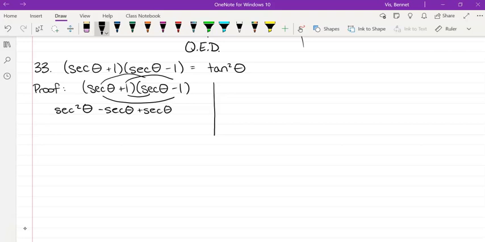Those terms are going to cancel. 1 times negative 1 is minus 1. So I get secant squared theta minus 1, which is just the tangent squared of theta by the Pythagorean property. And that's what I wanted to show. That's all that one is.